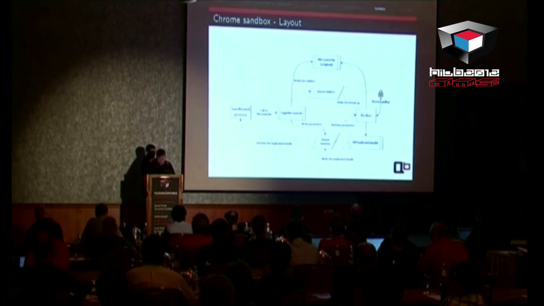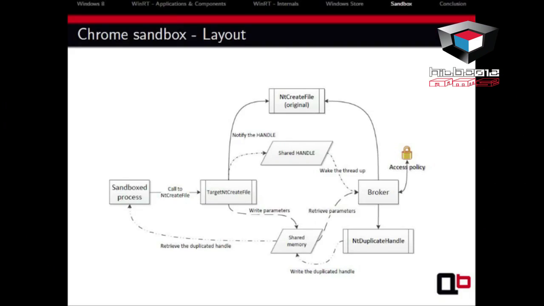So let's sum up. This is the Chrome layout. Imagine the Sandbox process wants to open a file. It will call the target NtCreateFile, which first tries to create the file with the Sandbox's rights.